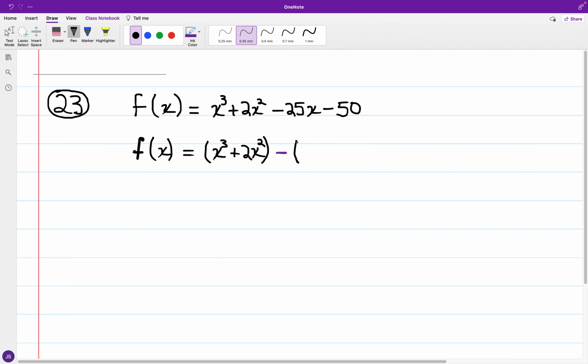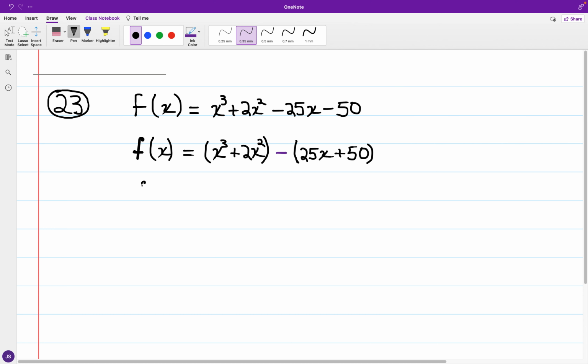So for -25x you have the negative of 25x, and for minus 50, upon factoring out -1, we have times 50. You can always go back and make sure that you have the right quantifying of the parentheses. So you have x cubed plus 2x squared, and removing the second group of parentheses, you have minus 25x, and minus over 50 becomes -50.